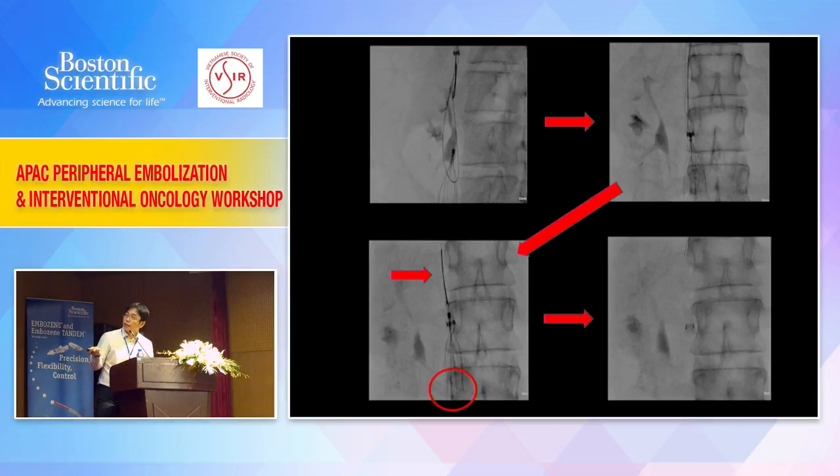So you can see from the first picture on the left-hand side, the arrow in the direction. When we couldn't snare the head of the IVC filter, in the end we used a double loop snare technique. This was after about 2.5 to 3 hours in, and then for some strange reason, we finally managed to get a hook of the filter.